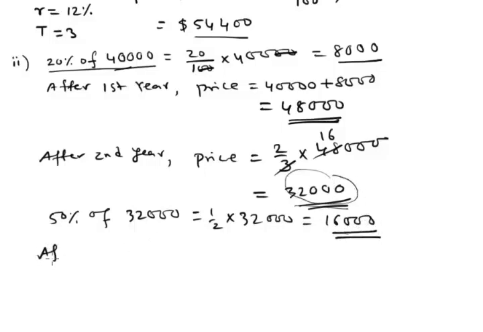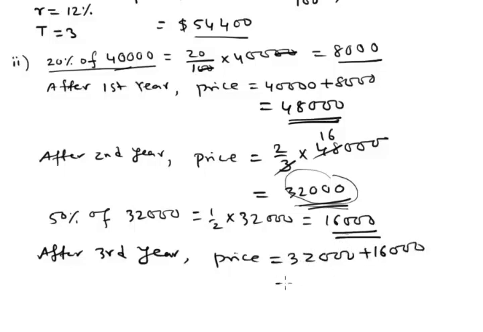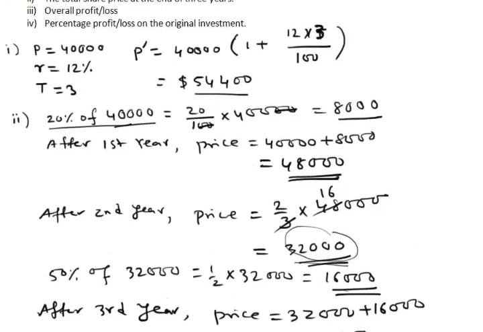So after the third year, the share price will be 32,000 plus this rise of 16,000. So it will be $48,000. So at the end of the third year, the share price is $48,000.